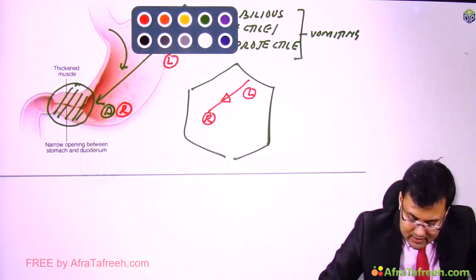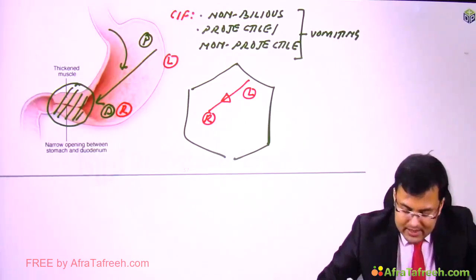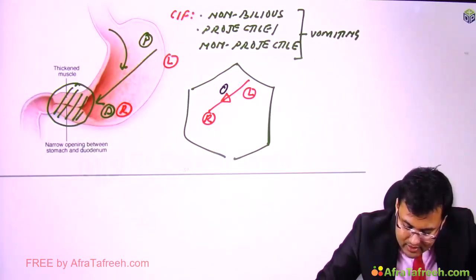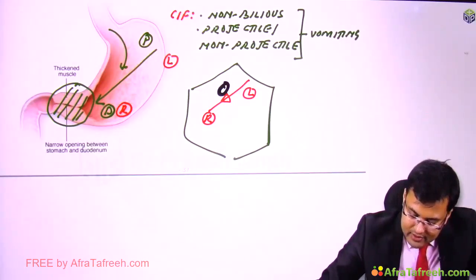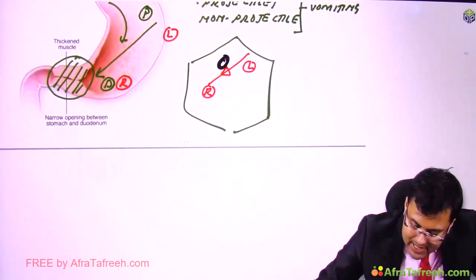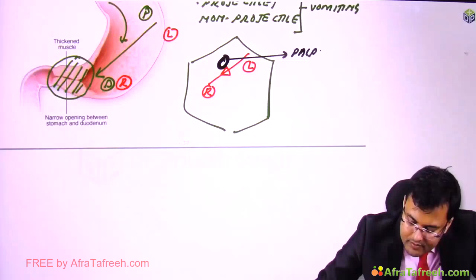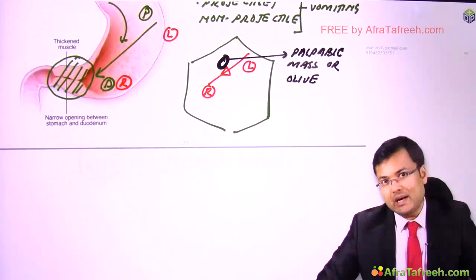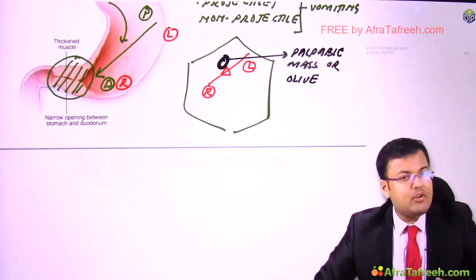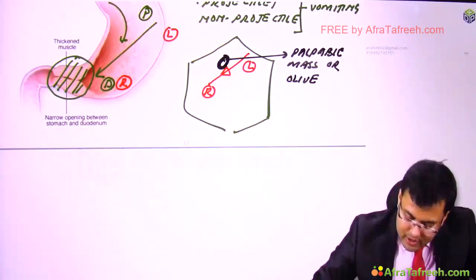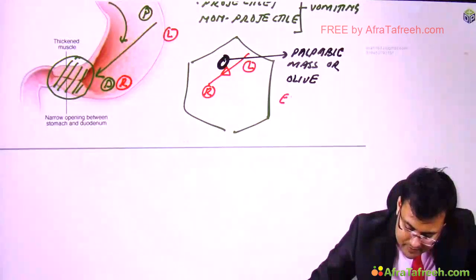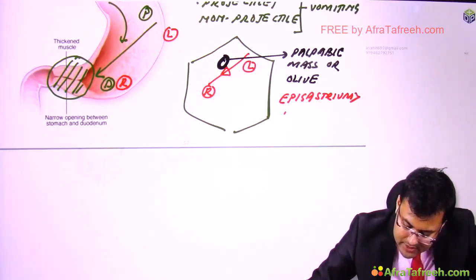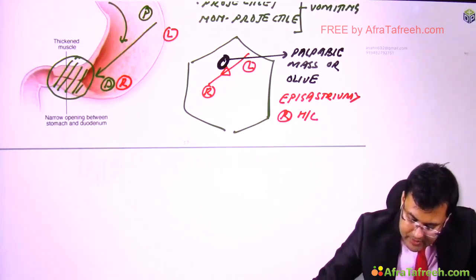Second, this hypertrophied muscle is felt as a palpable mass or olive. This question was asked, where is the mass or olive? It's palpable most commonly in the epigastrium, sometimes in the right hypochondrium.